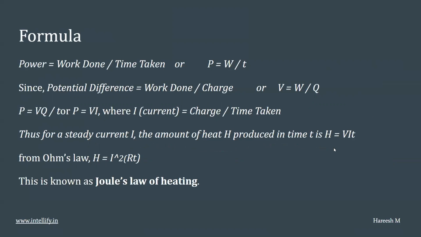So heat is equal to V × I × t. Now if you substitute Ohm's law, V = IR, into this equation, you will get H = I²Rt. And this is what is known as Joule's law of heating. I hope this point is clear.